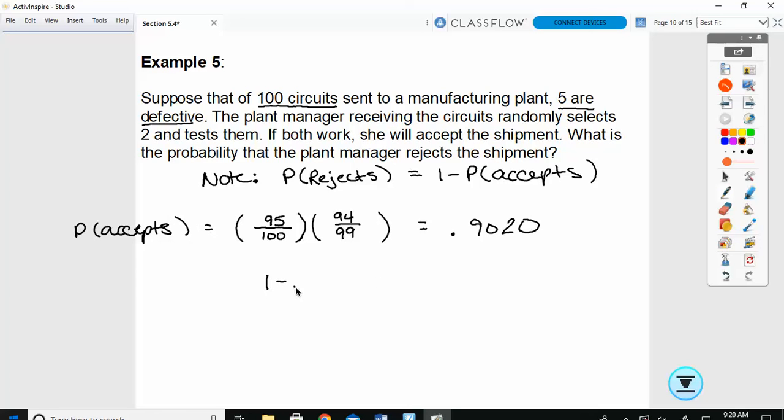So the probability of rejecting would be 1 minus this. So there is a 9.8% chance she would reject the shipment. Does that make sense to everybody?